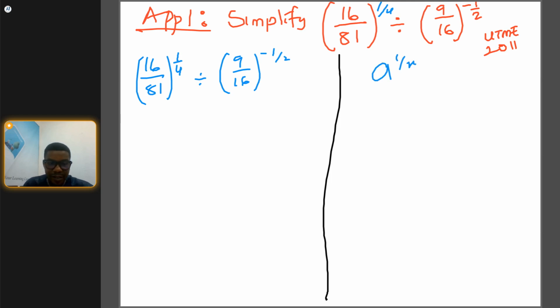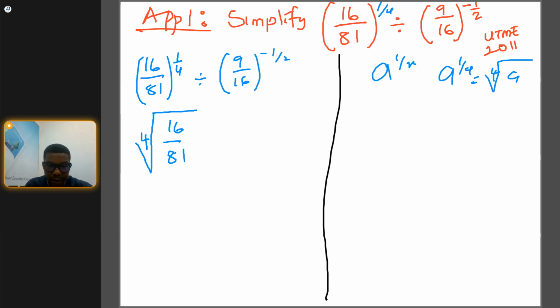If you can remember, that is what we have here. Let's simplify this part. 1 over 4 is the fourth root of a. In this case, your a is 16 over 81. So I have the fourth root of 16 over 81. So I've simplified this part.